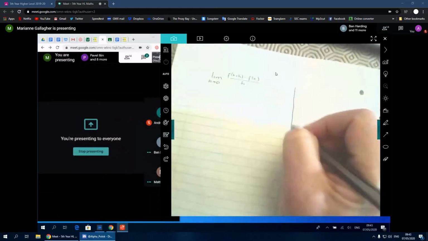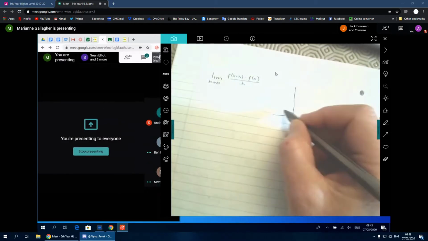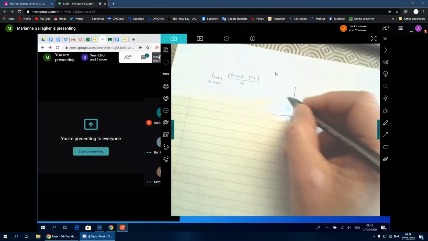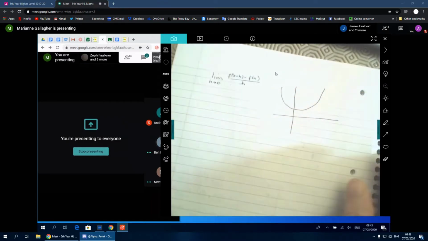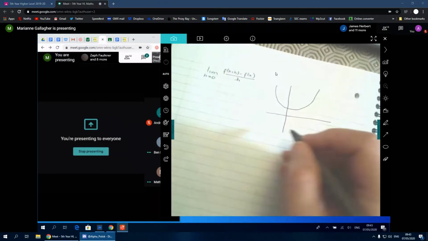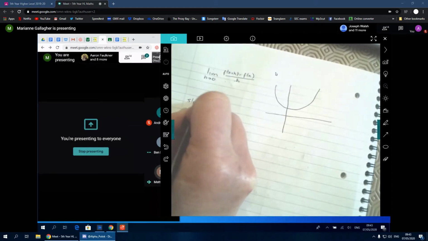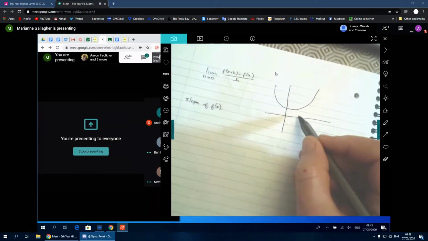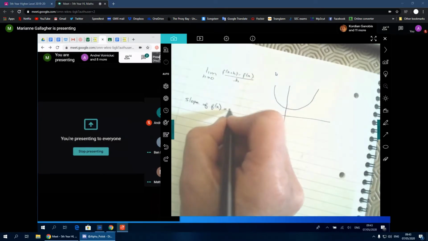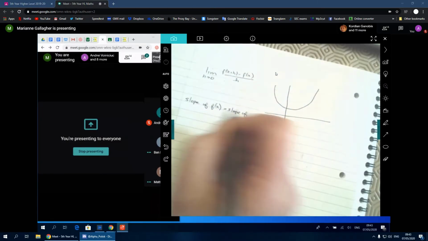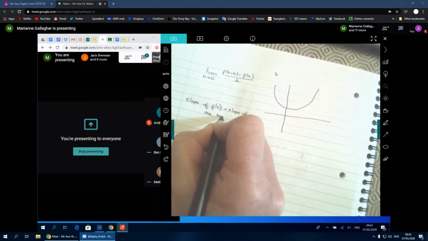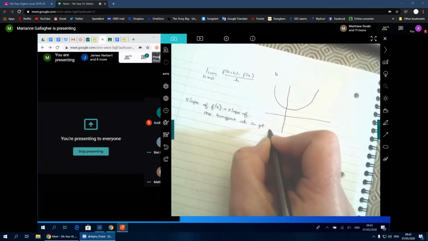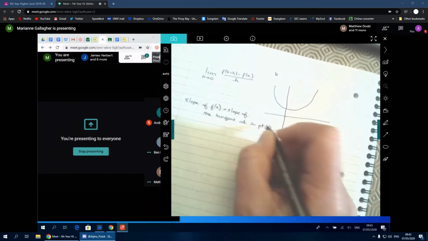So if you have a curve, let's just do a basic parabola, okay? So the slope of a curve of f of x is defined as being equal to the slope of the tangent at a point, A or x.